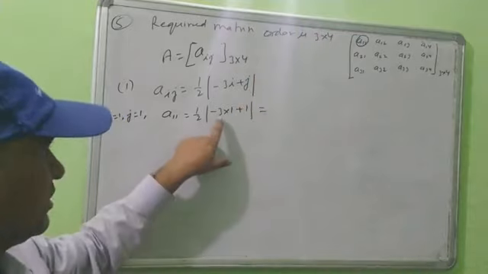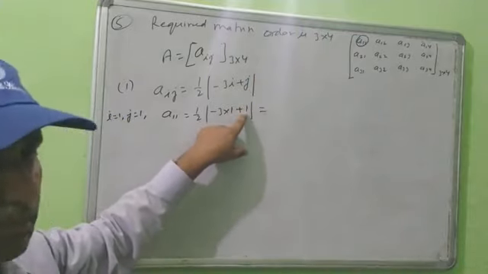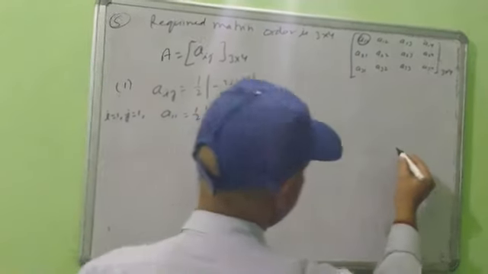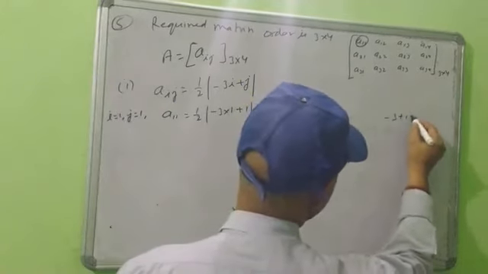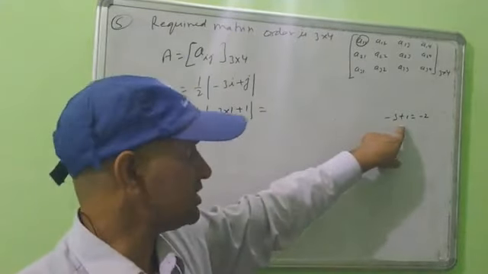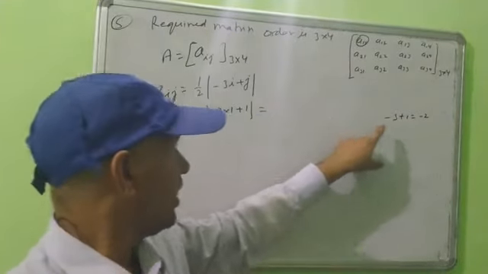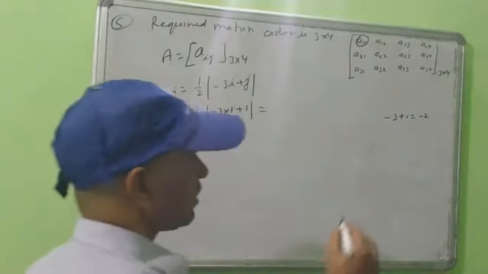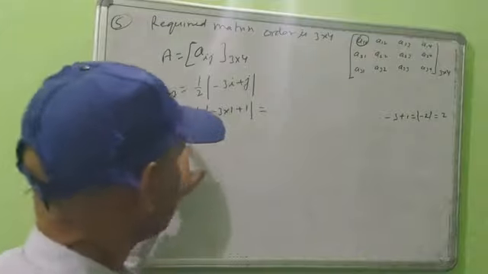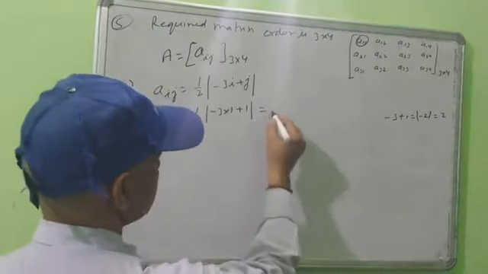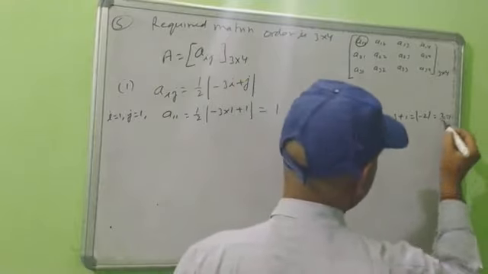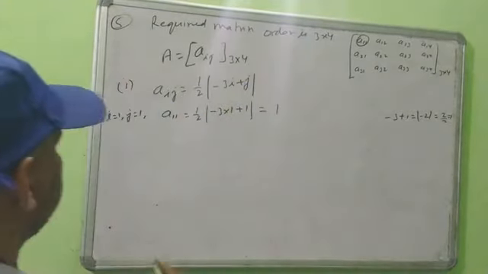Minus 3 plus 1 is minus 2, according to the rules of integers. When removing the mod sign, the minus 2 becomes plus 2. So plus 2 upon 2, divided by 2, the result is 1. So this one is 1.